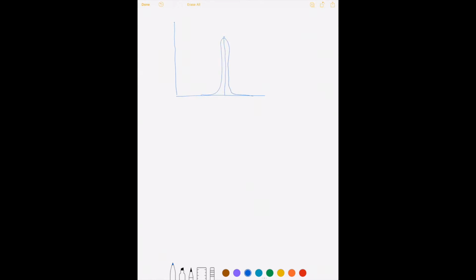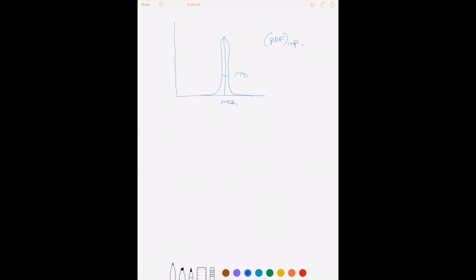Here's the mean activity. Here's the standard deviation, and this is in fact the probability distribution for the imprecision. So this is the PDF for the imprecision. It's exactly what it is. And they can do the same thing for mass spec and digital microfluidics.